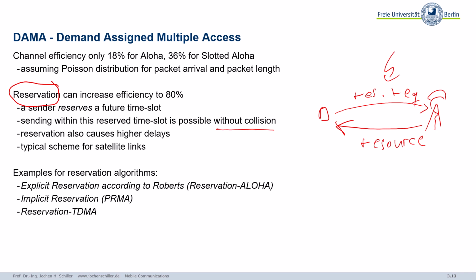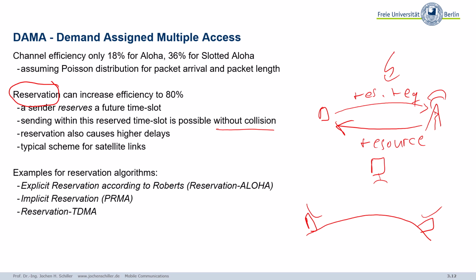And this scheme is very well known since the 60s of last century, for example, for satellite links. Okay, so in satellite links also you have the Earth, and then you have your ground stations, and somewhere up there in the sky you have your satellite. So the ground stations are uncoordinated.